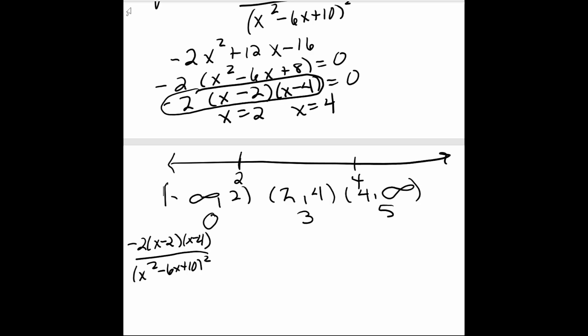Okay, we're starting with 0. Negative 2 will be negative, x minus 2 will be negative, x minus 4 will be negative, and the bottom is positive. Negative, negative, negative, positive is negative. This is concave down.